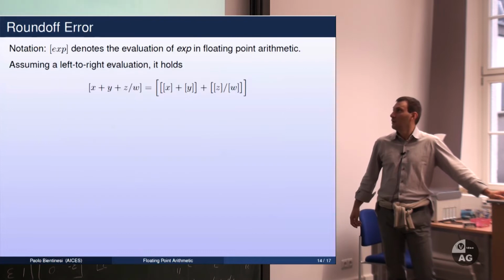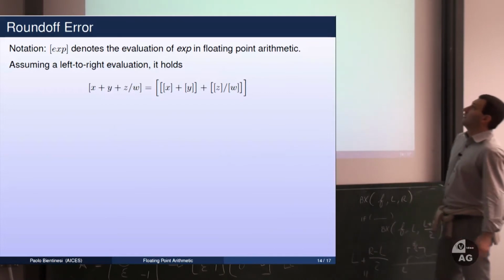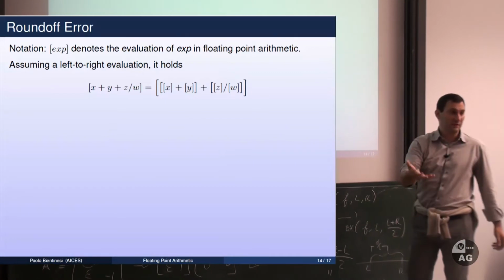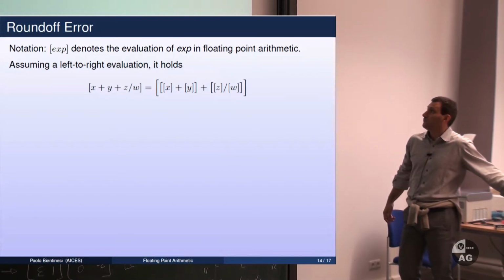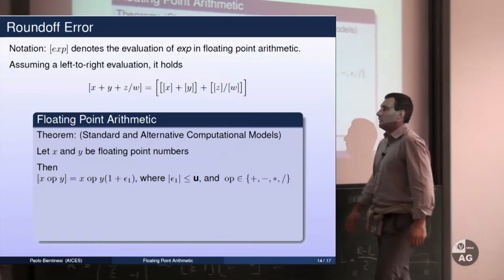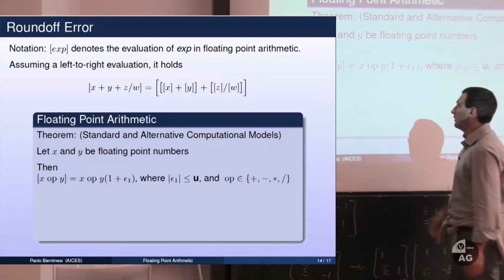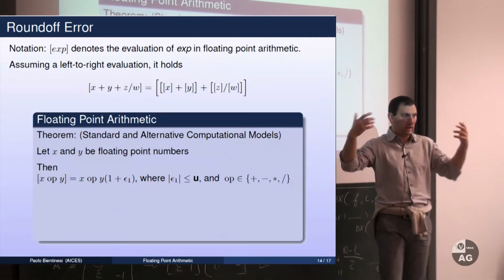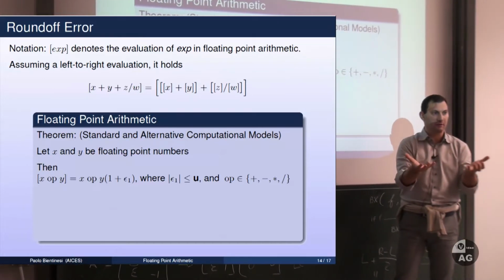And then there is another theorem for the operations. The square brackets are only a way of representing the computation in floating point arithmetic. The theorem says we want to perform x op y. x and y are 2 floating point numbers, so these numbers have been stored in the computer, and are now represented exactly.